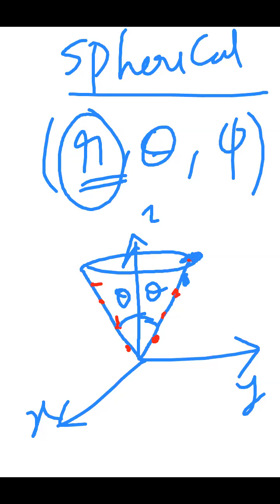Imagine you choose some point on the lateral surface of the cone and measure the angle between that point and the z-axis. Definitely that will be theta. Are you understanding this concept?